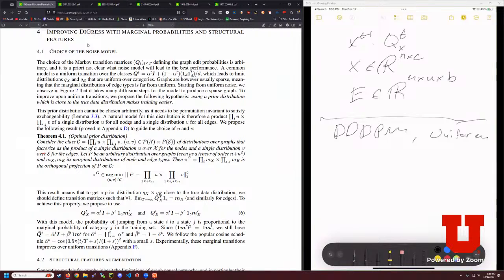And this paper suggests that starting with a uniform distribution isn't necessarily the best choice. If you start with a distribution that is closer to the goal distribution, you're going to improve the model.